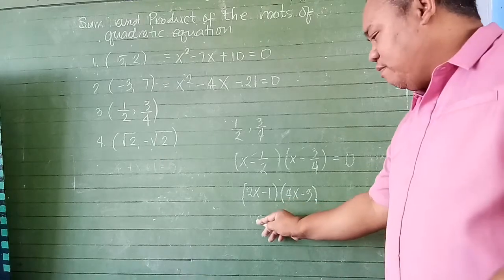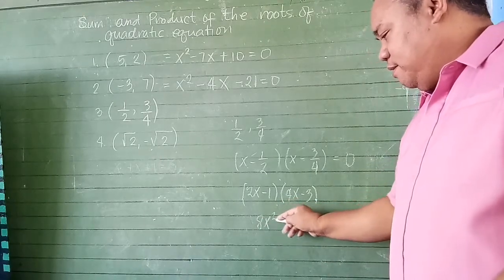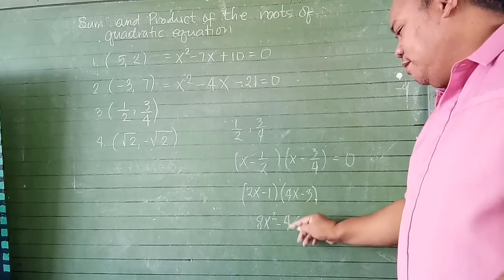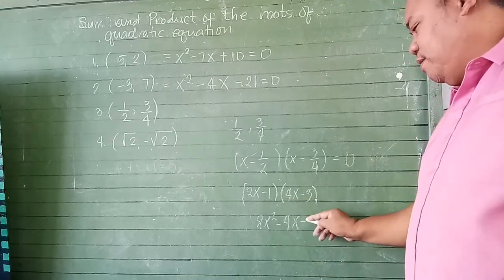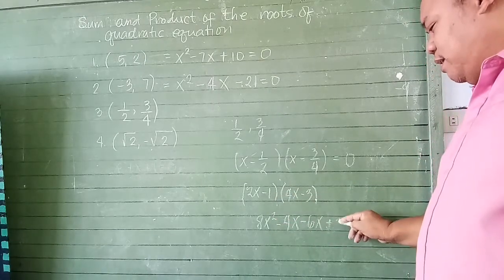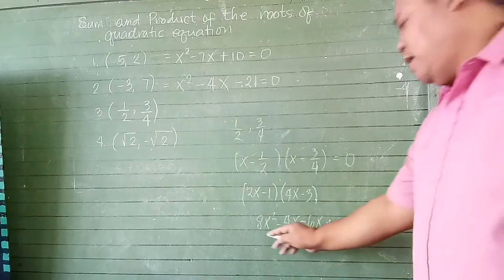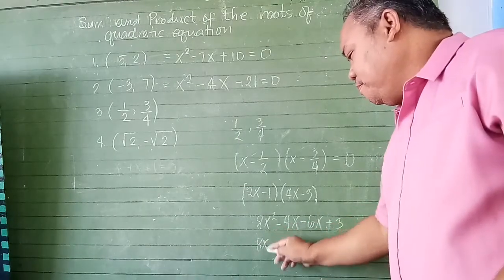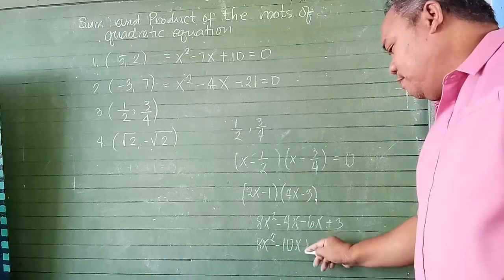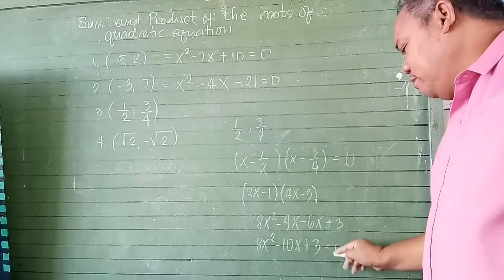We have here 8x squared. Then this is negative 4x. This is negative 6x. The last term is positive, so that's plus 3. So this is 8x squared minus 10x plus 3 equals 0.